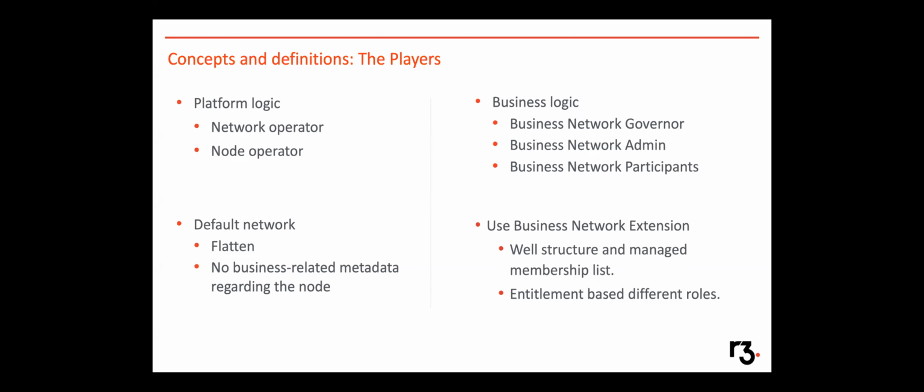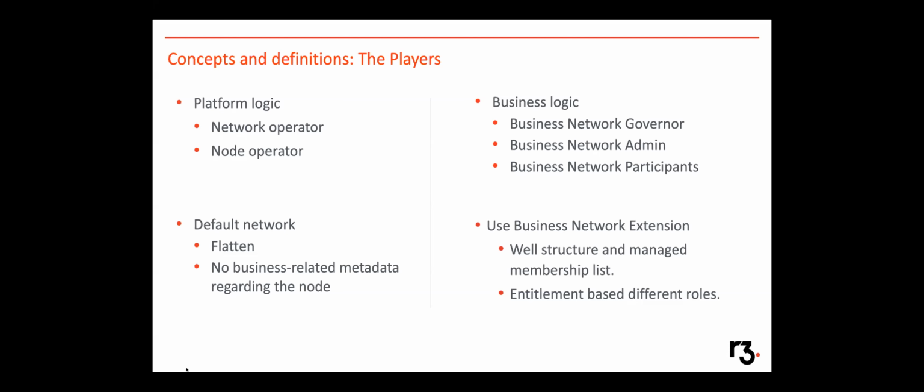And by using the business network extension, your network is no longer flattened. You can have a well-structured and managed membership list, and there will be entitlement based on different roles.